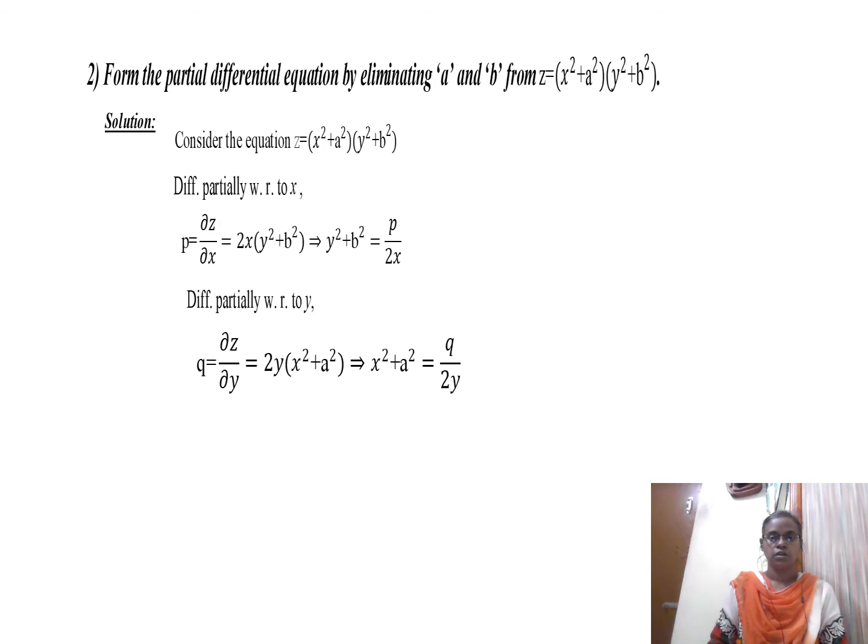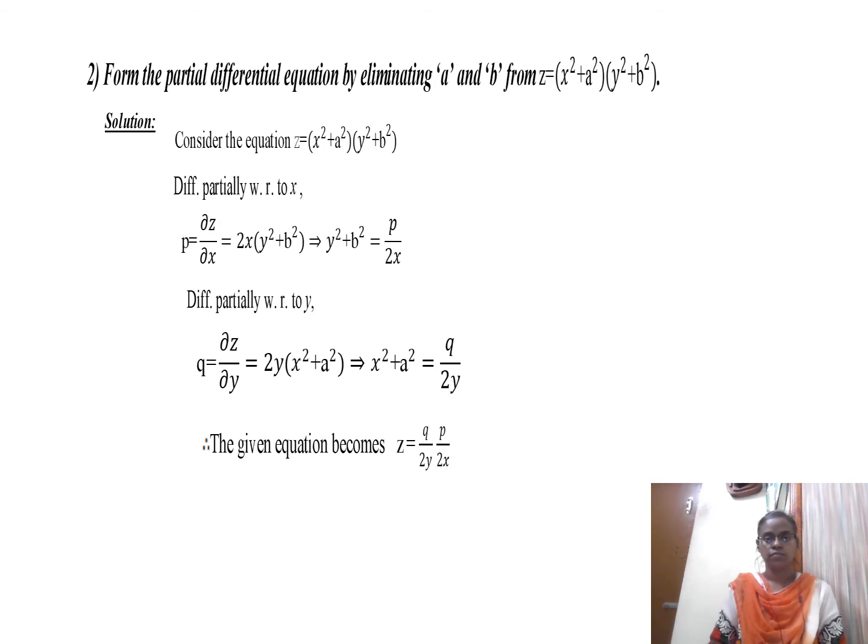Now what is the idea you get? Because finally we need to create a partial differential equation, but we should not have any constant in that. So if we substitute these two values in the given equation, we get z equal to x squared plus a squared. In the place of that, we can put q by 2y into y squared plus b squared.